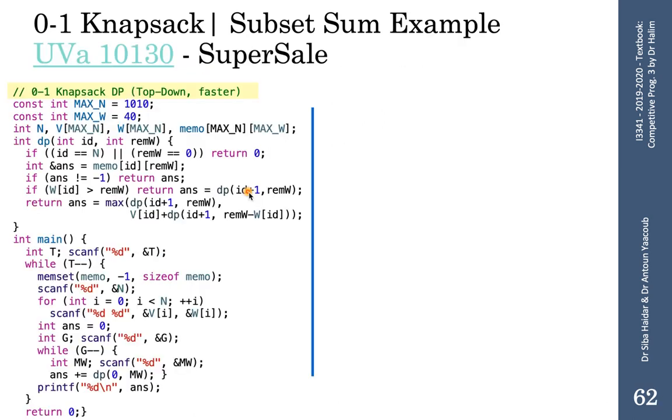This is the code for the top-down approach, and as you remembered, we saw two slides before that we initialize the memoization table with dummy values -1, and then we initialize the call to dp(0, mw). Here we are returning answer plus equal because we have more than one person and we are cumulating the possible values.